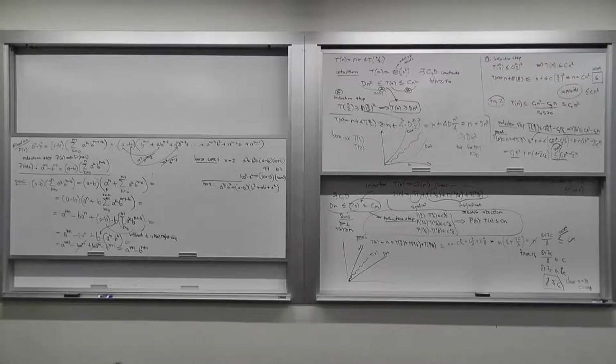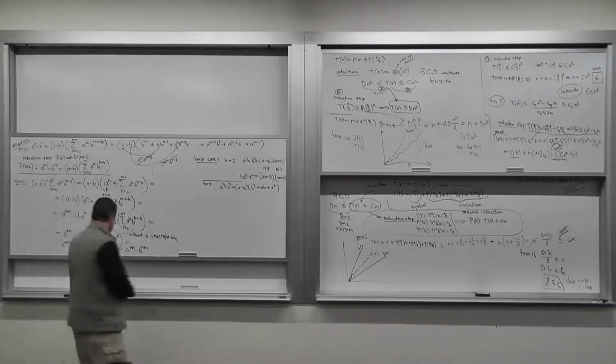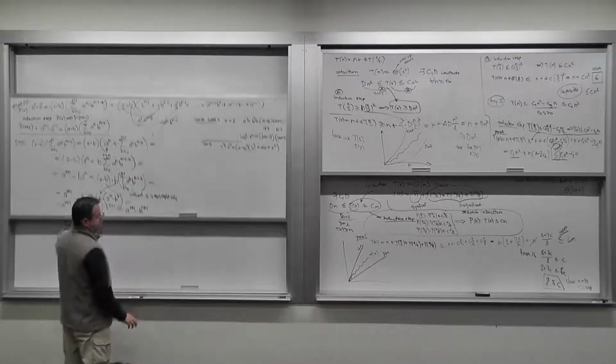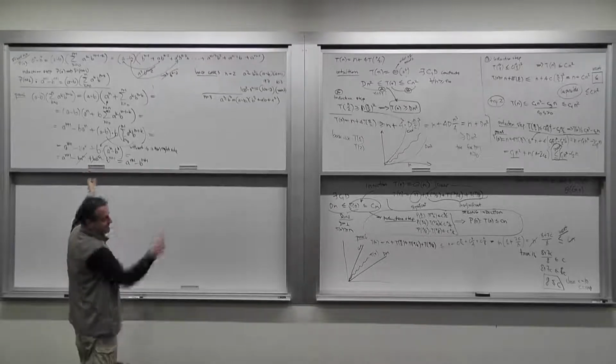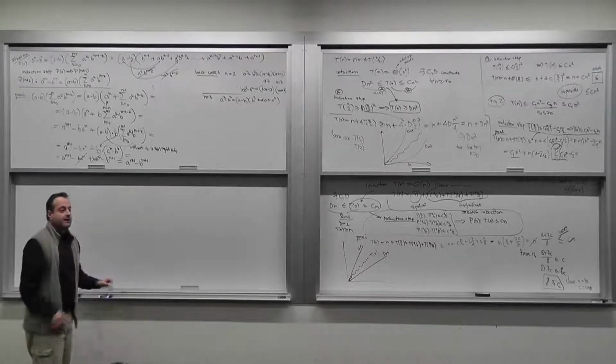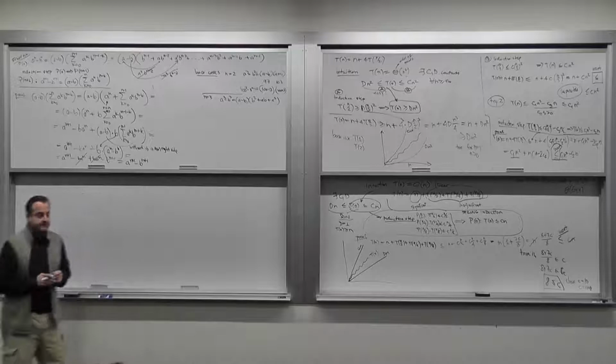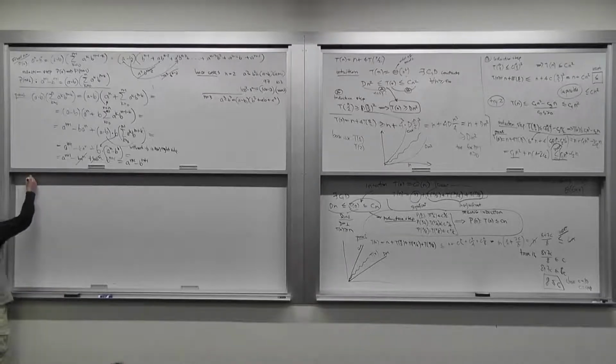Now, that's about recurrences. We have one more, which is a very famous one, but that one is not a growing function. It's one with a base. So you might have heard of Fibonacci numbers.